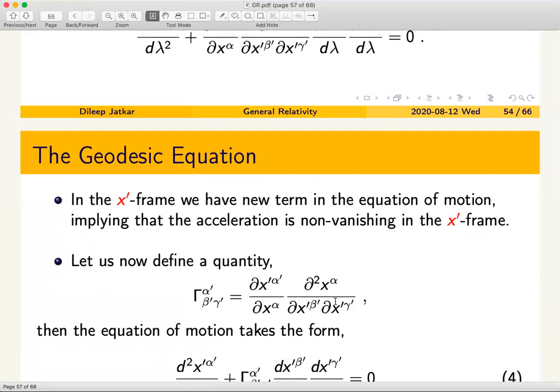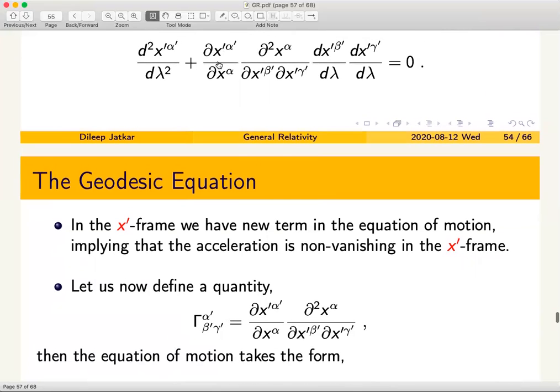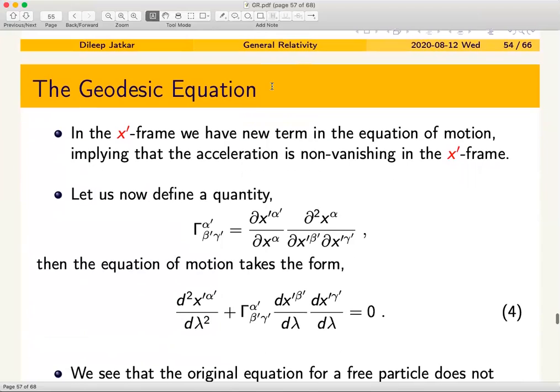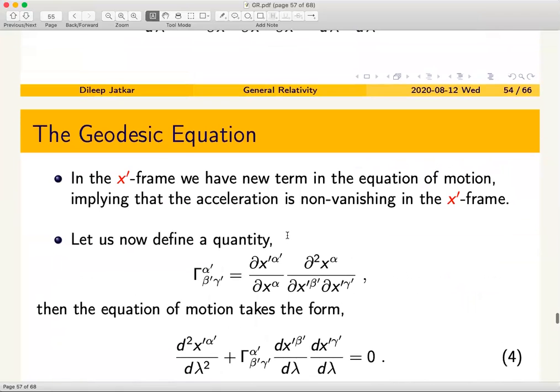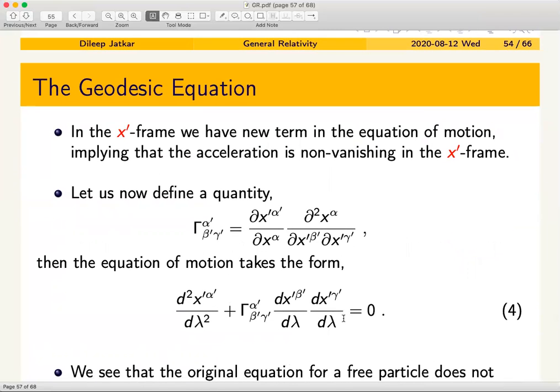So if you define this quantity to be capital gamma, then this equation takes the form d squared x prime alpha prime by d lambda squared plus gamma alpha prime beta prime gamma prime times dx prime beta prime by d lambda dx prime gamma prime by d lambda is equal to 0.